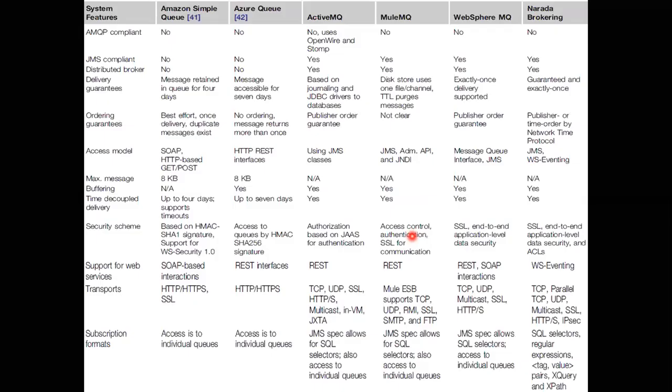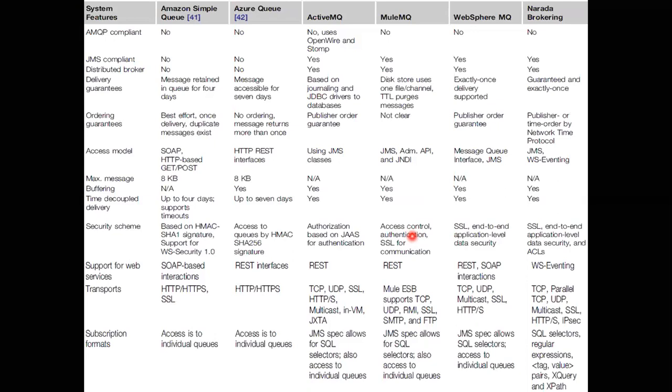In this representation, we have Amazon Simple Queue and Azure Queue, and we are also specifying several things. It takes several things to be available in messaging and queuing systems.